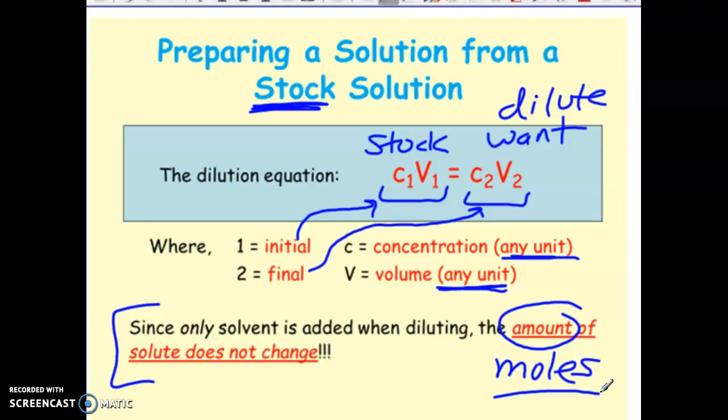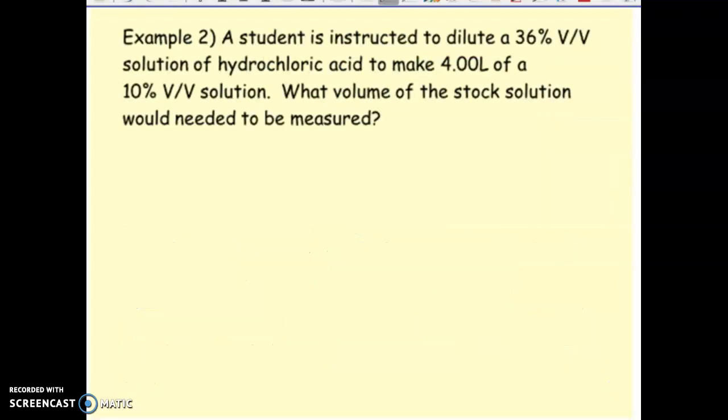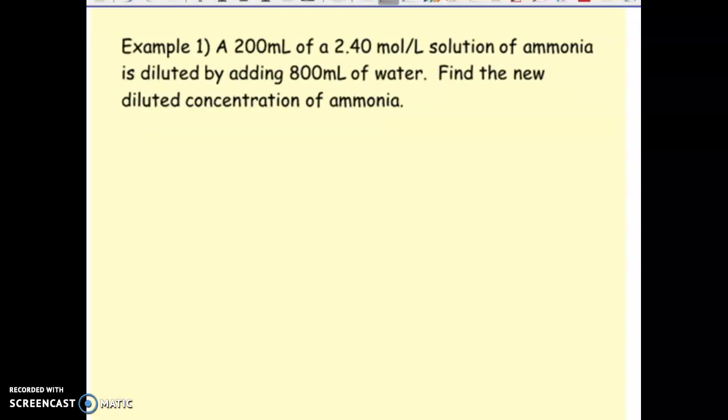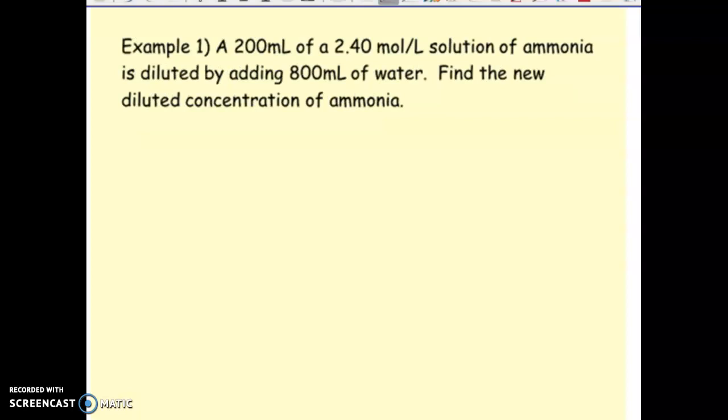We're not adding more solute. We're not dissolving more in. All we're doing is changing the volume, and by adding the solvent, we end up changing the concentration. So let's take a look. We'll do a couple of examples. Actually, I'll do one and I'll have you try one.